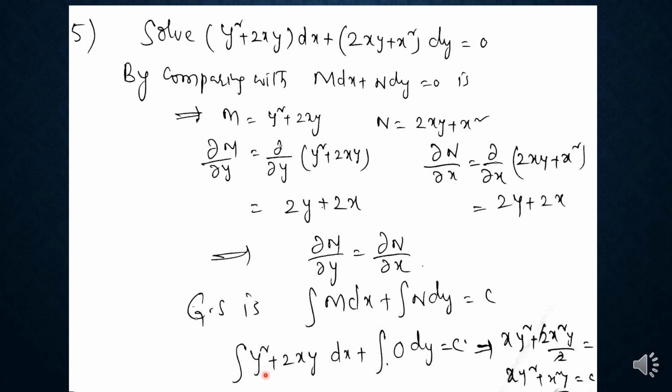So that is xy square plus 2x square y by 2 is equal to c, that is xy square plus x square y is equal to c. This is the required general solution for the given differential equation.